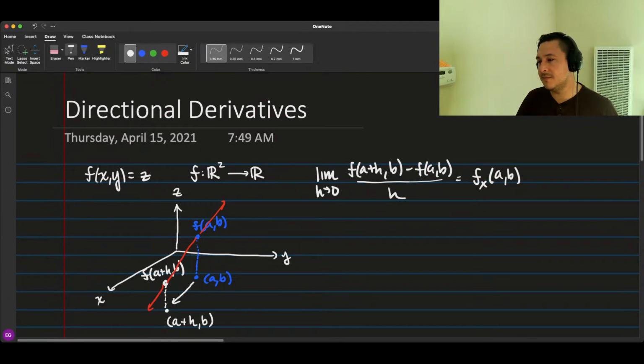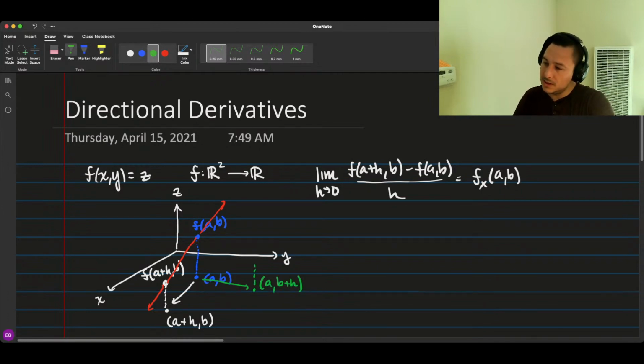And you can do the same thing by moving your point away in the y direction. Let's do it in a different color. So you get this other point, a comma b plus h. And you could evaluate it and get f of a comma b plus h.